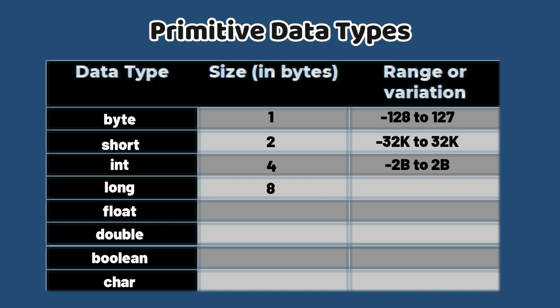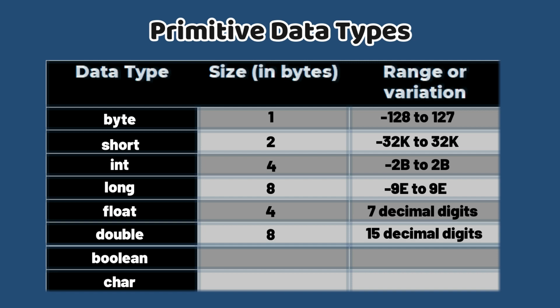Long stores 8 bytes of data which varies from -9 quintillion to +9 quintillion. Float stores 4 bytes of data which varies from 6 to 7 decimal digits. Double stores 8 bytes of data which stores 15 decimal digits. Byte, short, integer and long are used to store integers, and float and double are used to store decimal values.